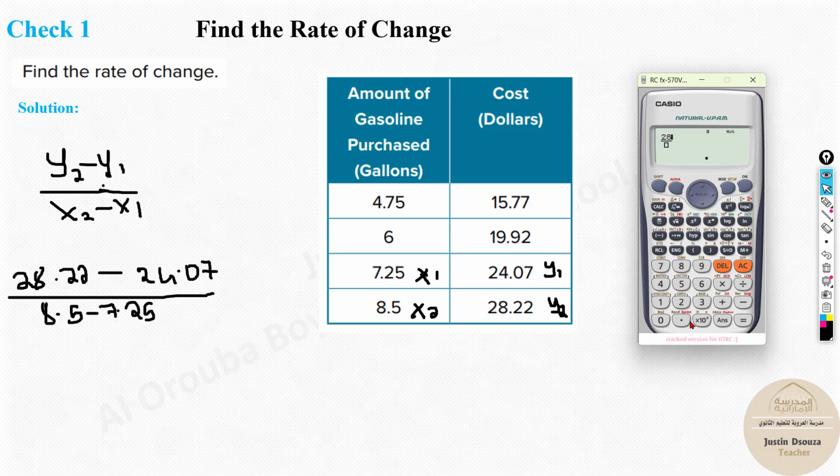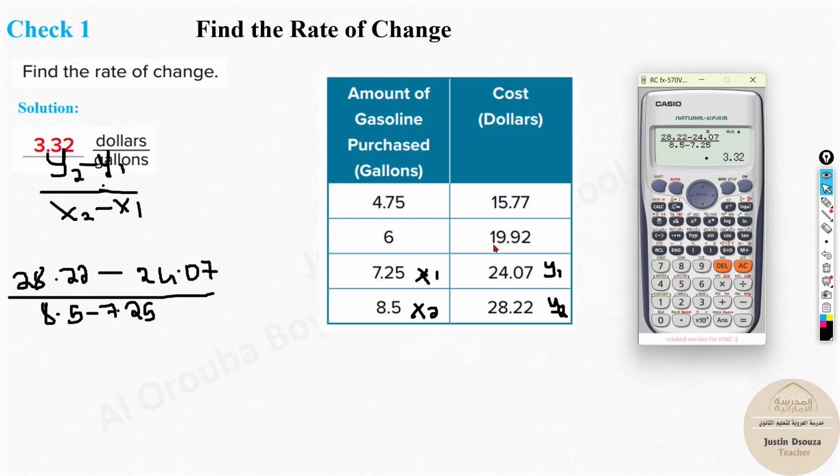Use the fraction symbol. Directly I will just put it in the calculator: 28.22 minus 24.07 divided by 8.5 minus 7.25, and the answer is 3.32. That is the answer.